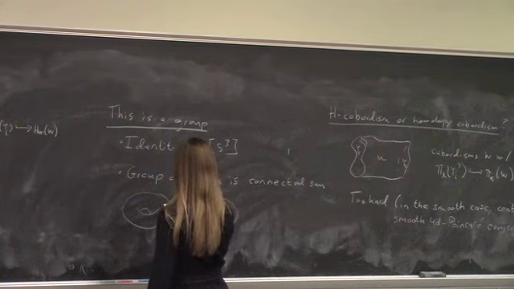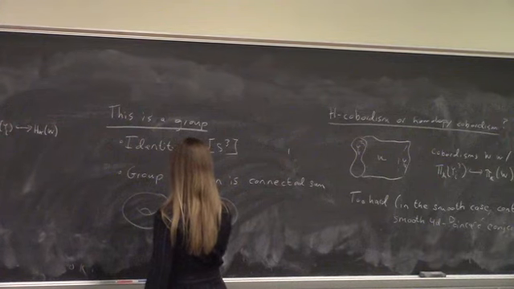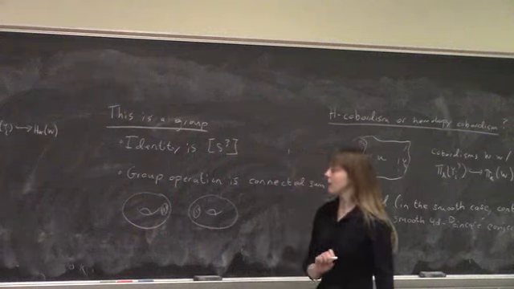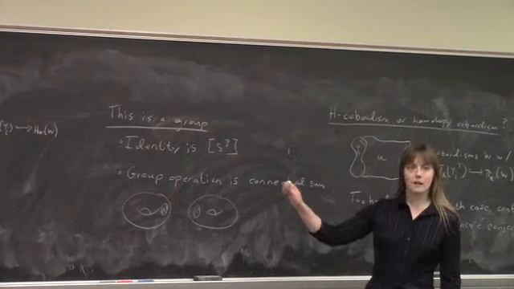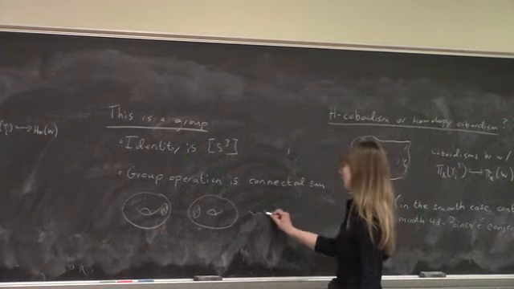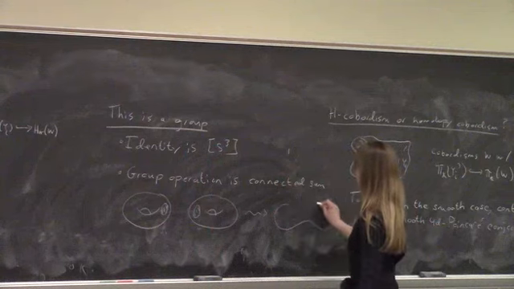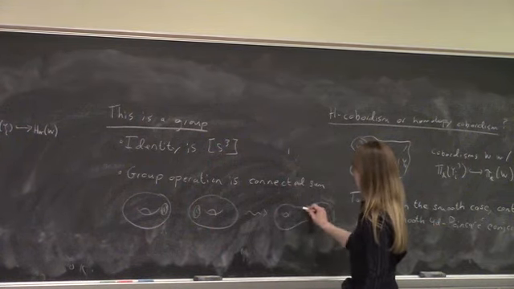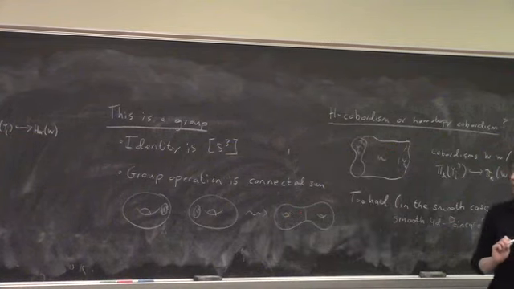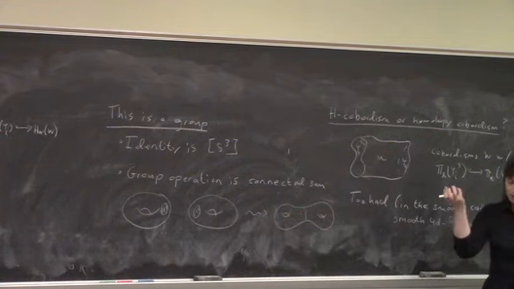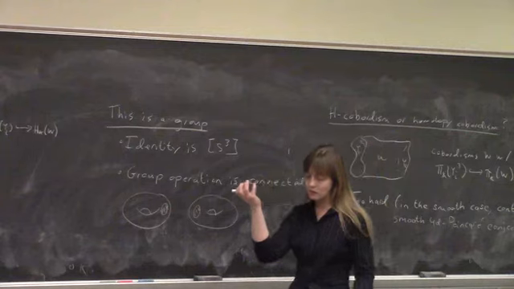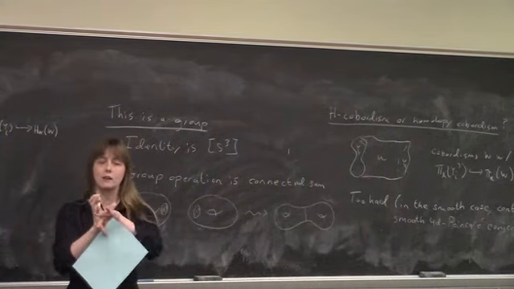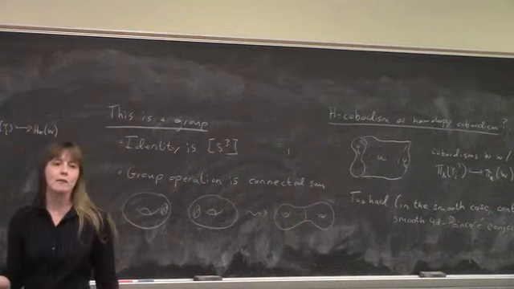What am I going to do? I'm going to cut out a little disk on both sides, leaving myself an open circle, and then I'll glue those 2 open circles together. And that's your connected sum operation. So more generally, I cut out a ball in each manifold, leaving me the 2 spheres, and I glue those 2 spheres together.